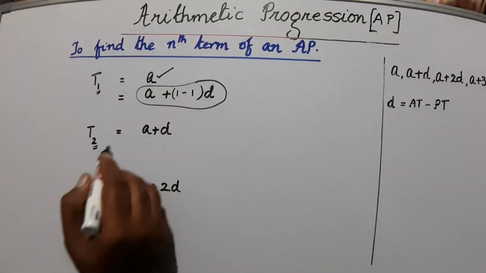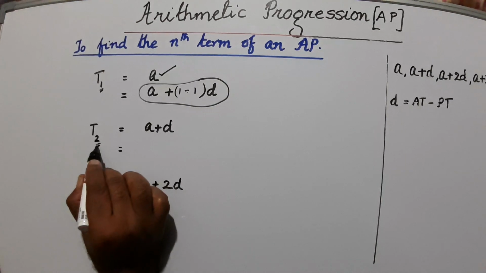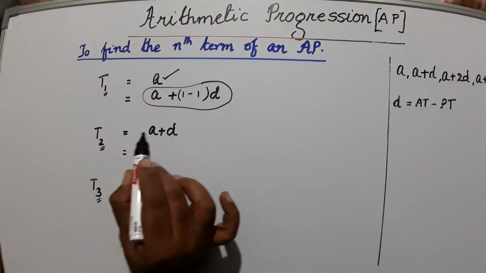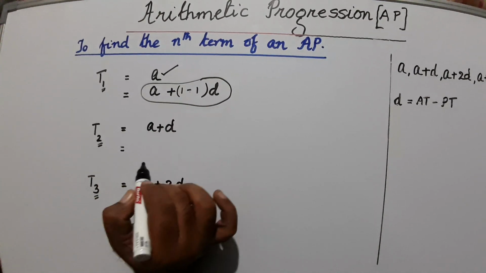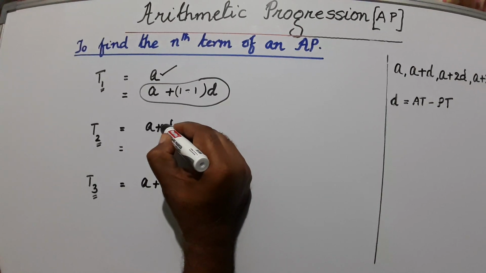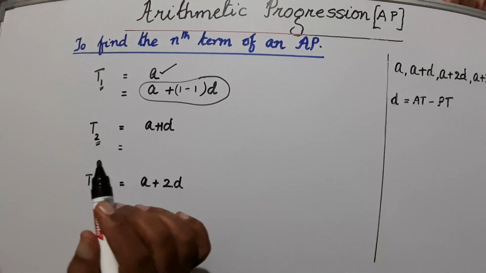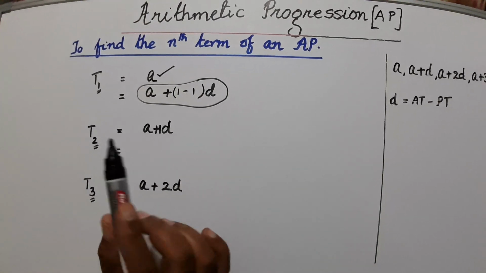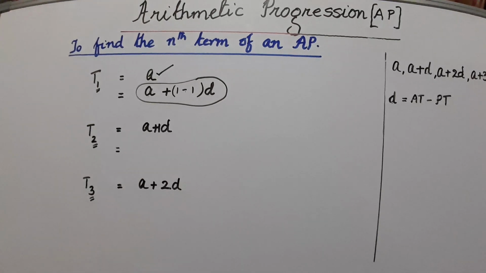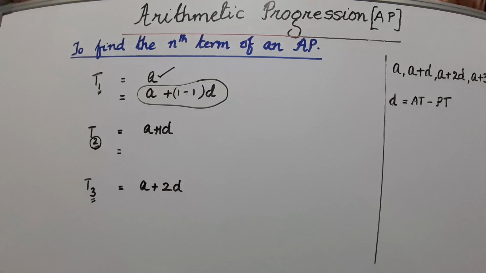Similarly, I'll write the second term. Second term is T2, that is equal to a plus d. a plus d means the coefficient of d is 1. What are the conditions? I should use both a and d, and I should use this suffix 2.